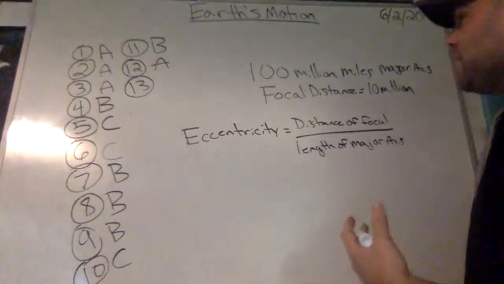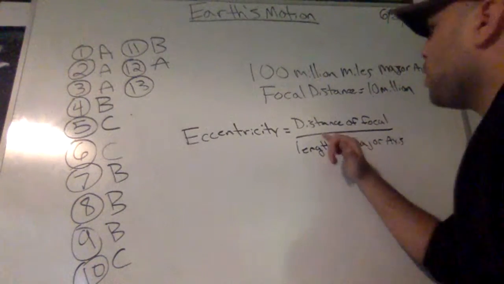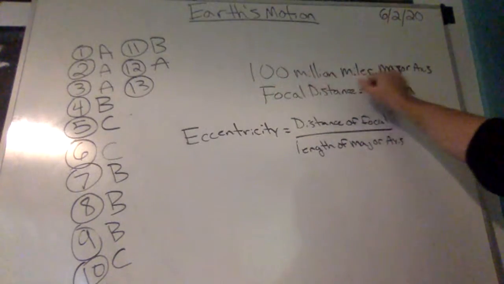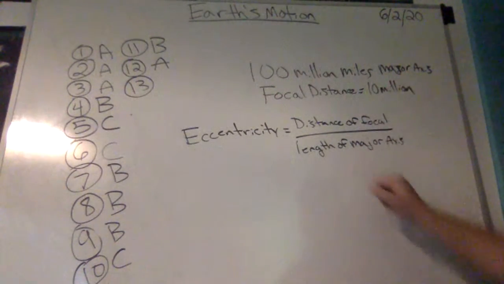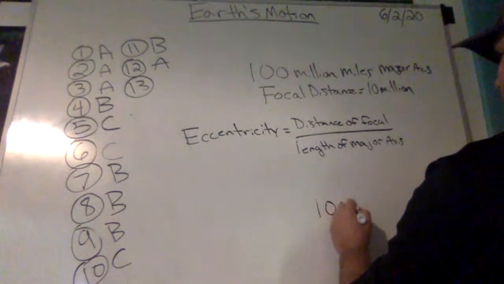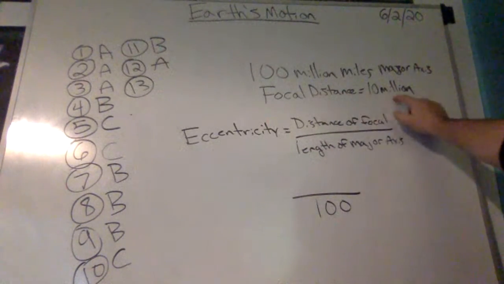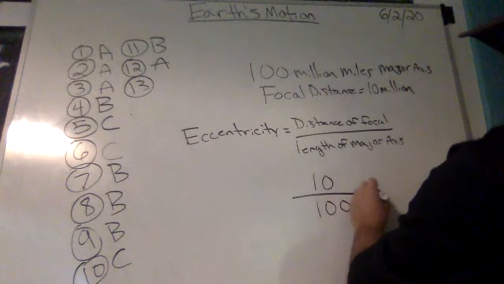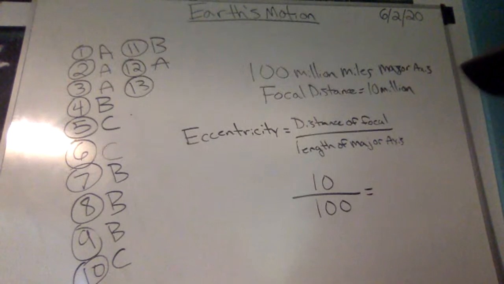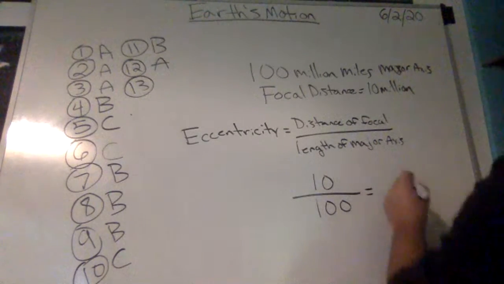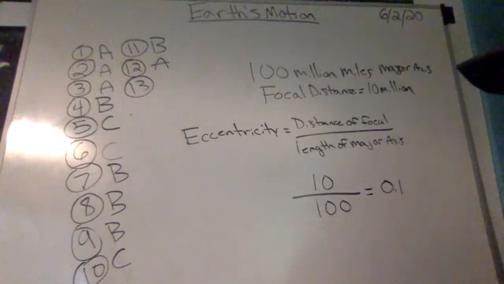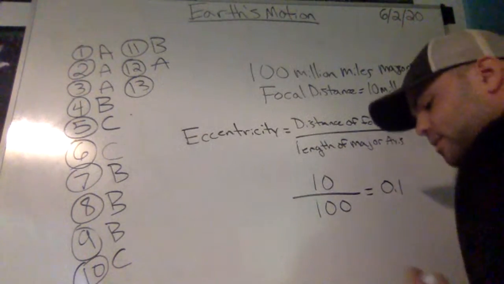Since this problem gave us both of those numbers, we have millions of miles, major axis. So that's going to go below it. And then the distance of the foci is 10. So you're going to do 10 divided by 100, and that ends up giving you 0.1. Okay? So the 0.1, that's going to be choice D for 13.